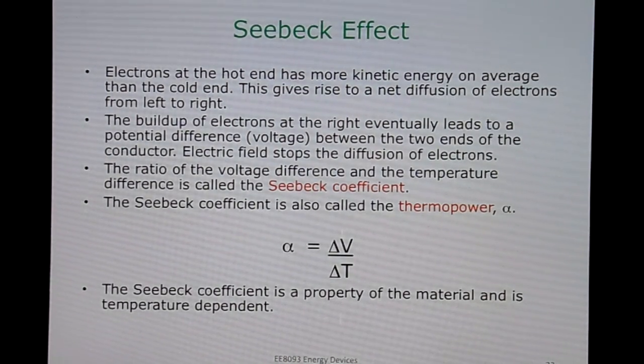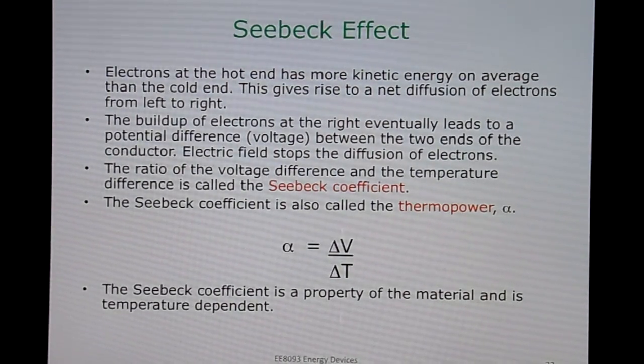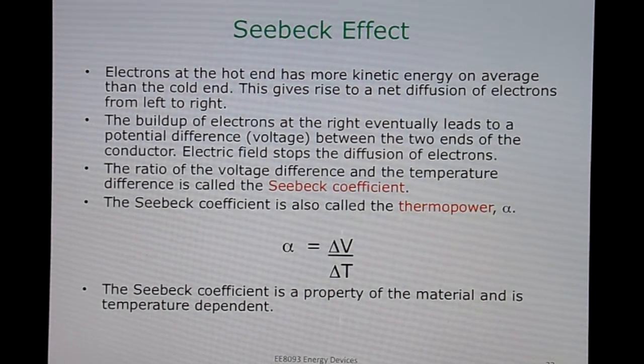The unit for the Seebeck coefficient is therefore the volts per Kelvin. Notice that the Seebeck coefficient is a property of this material, and it is also temperature dependent.